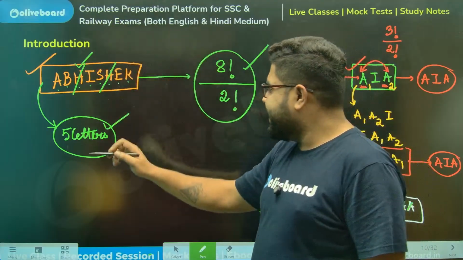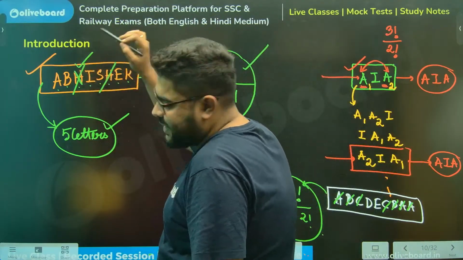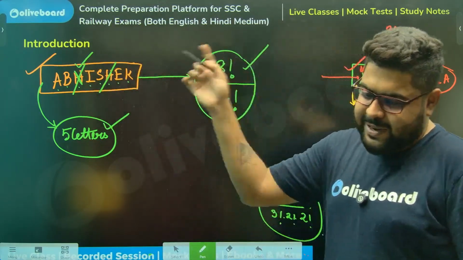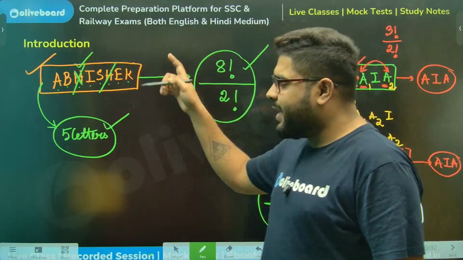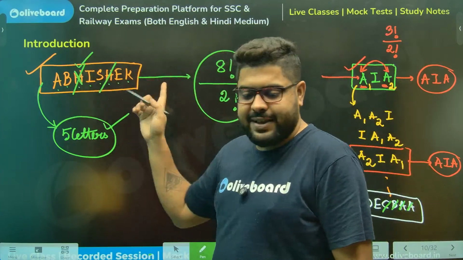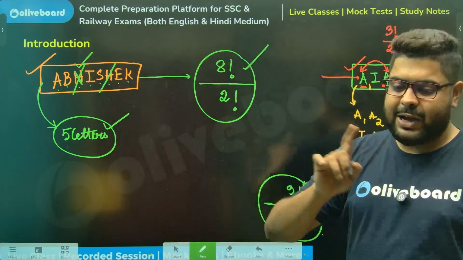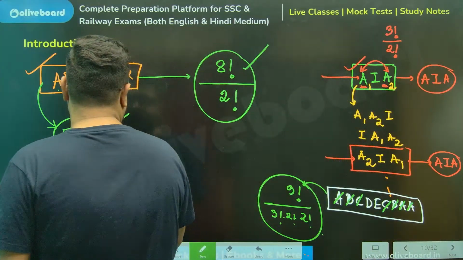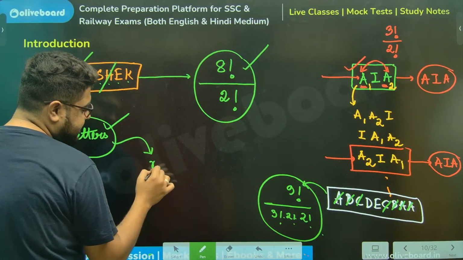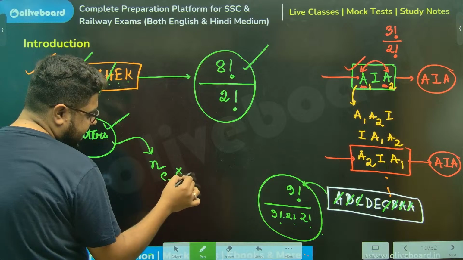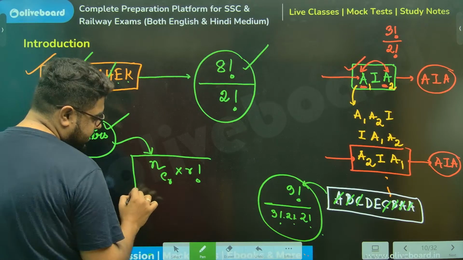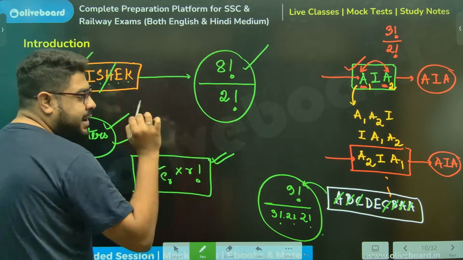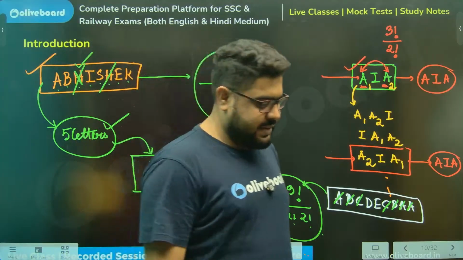So there you will not take H, and they will not ask this. They will ask something which doesn't have any common letters. So in that case, what do you do? You do nCr into r factorial, like from where we started the class today.